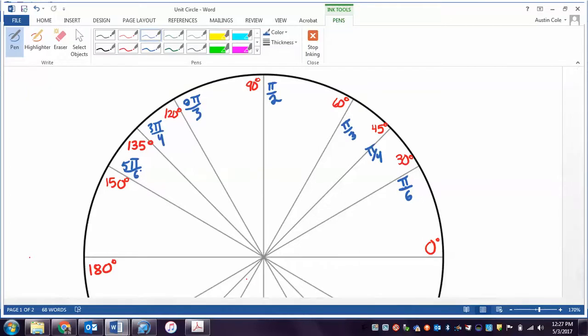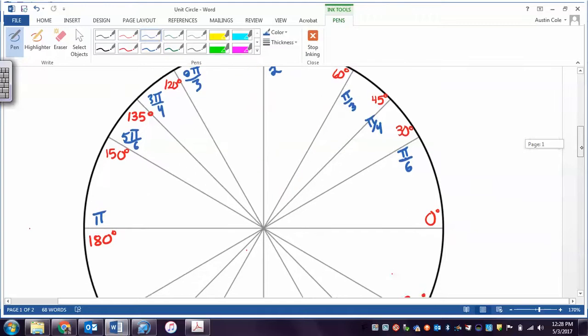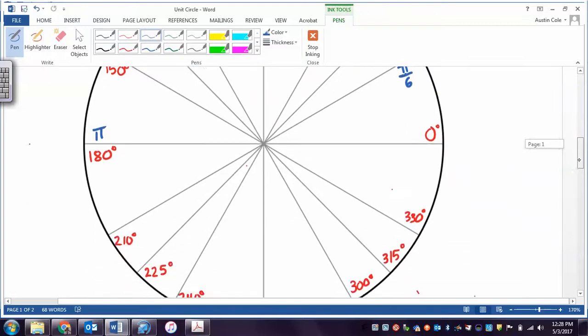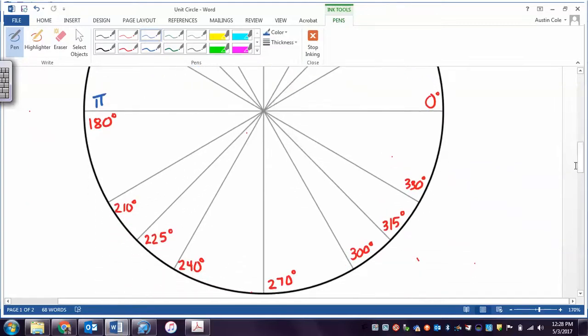Okay, 180 degrees then, we've gone one more pi over 6 from 5 pi over 6, so we have just pi. Remember when we convert between degrees and radians, that's our conversion factor: pi radians is 180 degrees, they're the same thing.